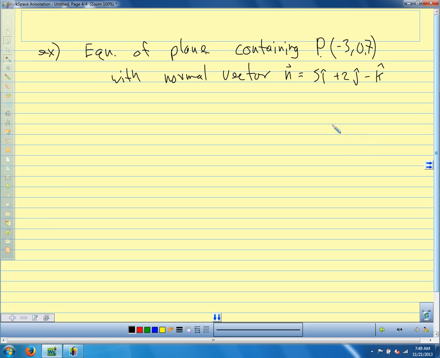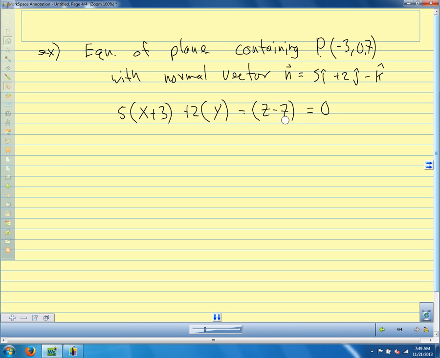So to write our equation, the normal vector gives us our coefficients, and this is our x1, y1, z1. All we have to do is write out 5 times x minus negative 3 plus 2 times y minus 0 minus 1 times z minus 7, and that equals 0.